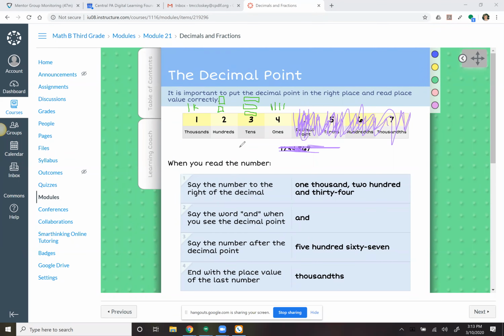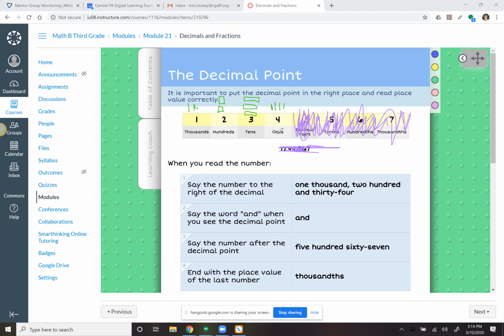Okay. Now, what does this read? How would I say this number? Would I say 1, 2, 3, 4? No. What would I say? 1,234. Good. And let's say that the 1, 2, and 3 did not exist, and it was just this number right here. What would I say? 4 ones.